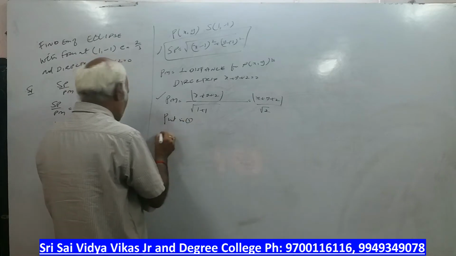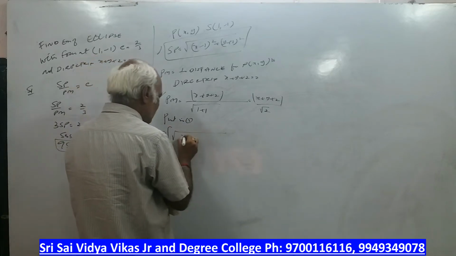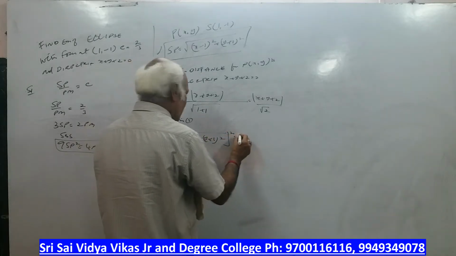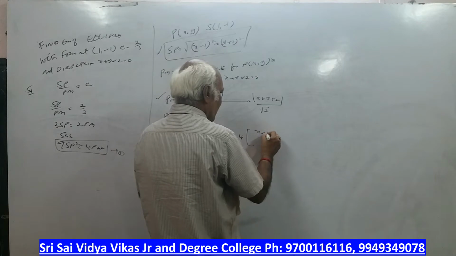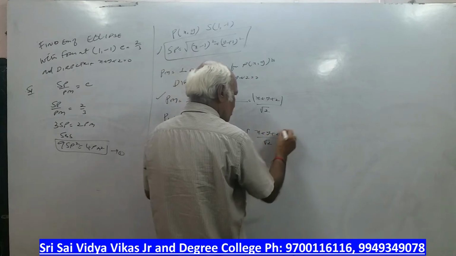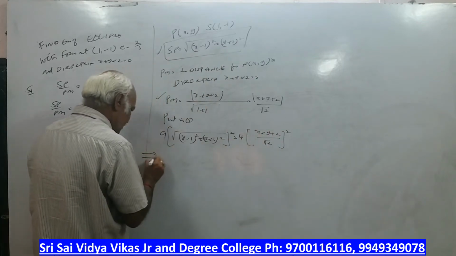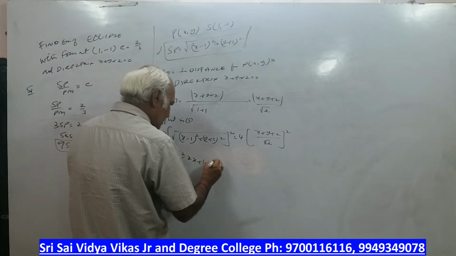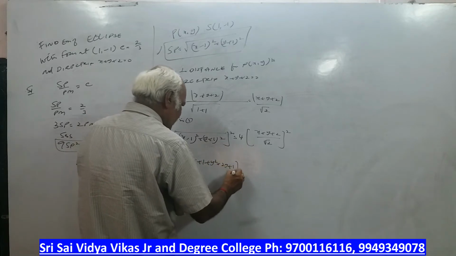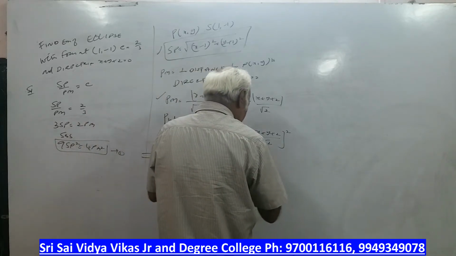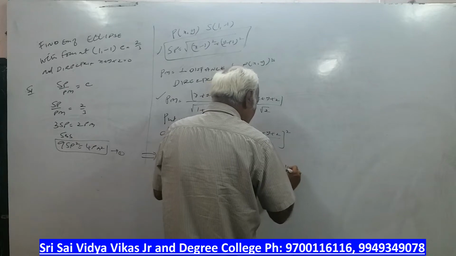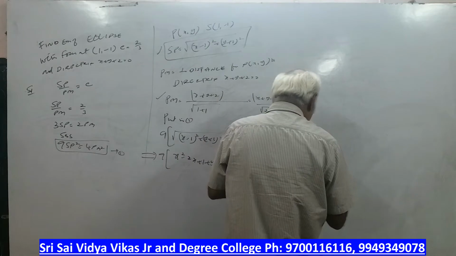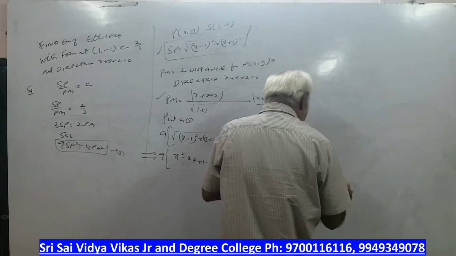Put in the first equation. 9 into SP square is equal to 4 into (x + y + 2) whole square by 2. So 9 into (x square minus 2x plus 1 plus y square plus 2y plus 1) is equal to 4 into (x square plus y square plus 4 plus 2xy plus 4x plus 4y) by 2.